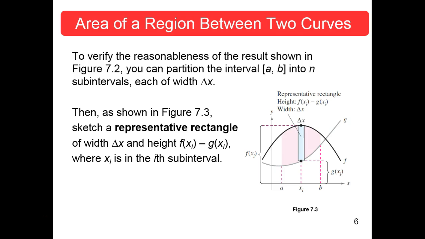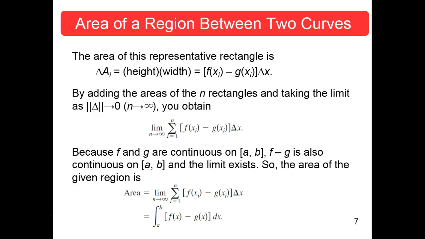So the area is approximated by the sum of all those as x goes from A to B. Now they introduce a new term, delta A, which means that little area increment, and that would be f minus g dx. That's where we began here.